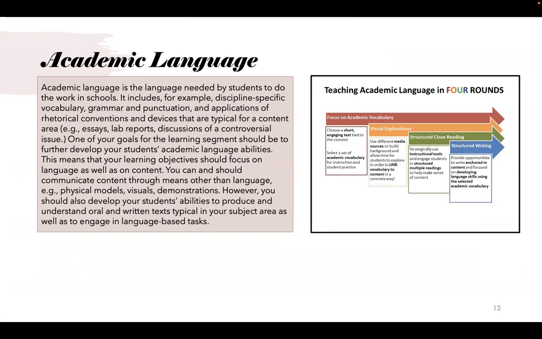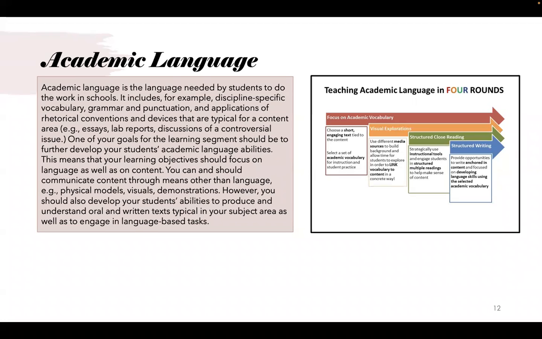So academic language. Academic language needs to be direct instructed, taught every single time. If you are introducing a new word, a new academic language terminology, you have to direct instruct. There needs to be visual explorations.